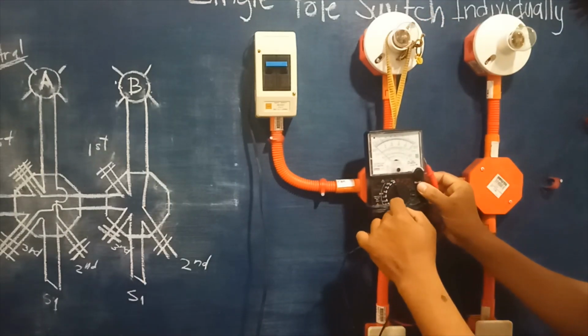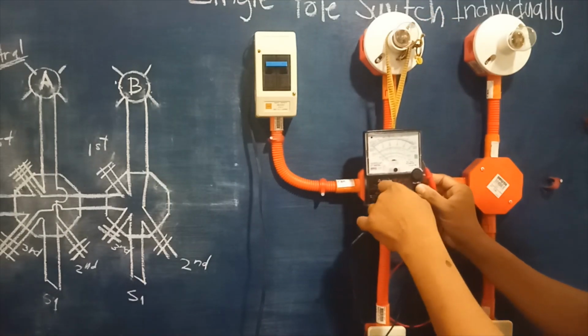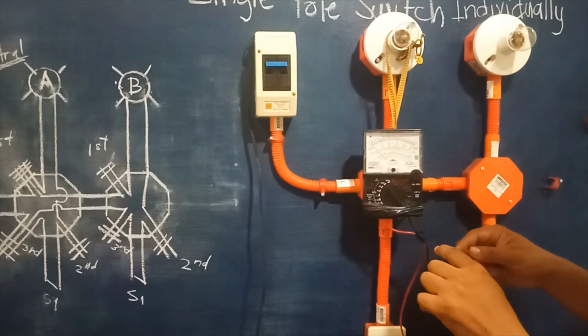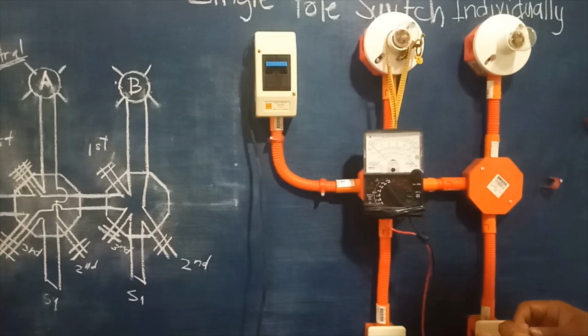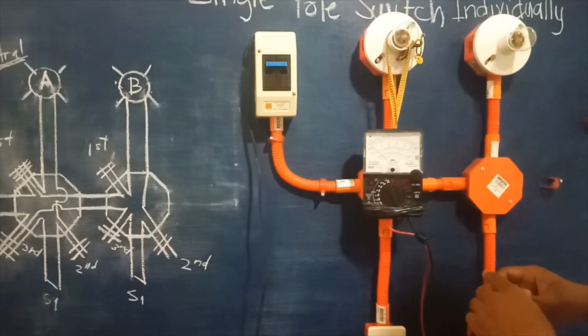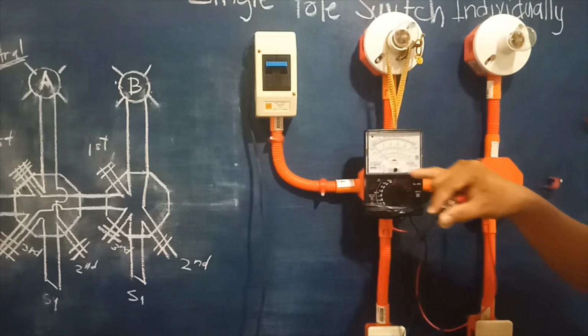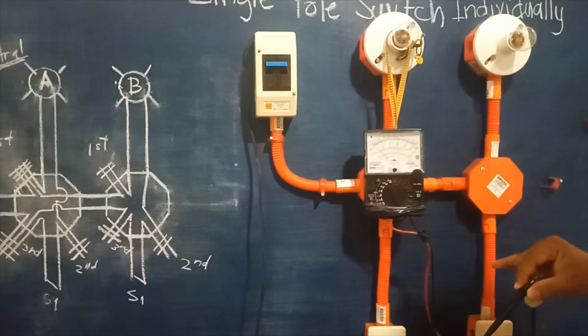So we have here ×1 setting only. Okay, we have that. See that? Off, on, off. The other side, the multi-tester, on, off, on, and off.